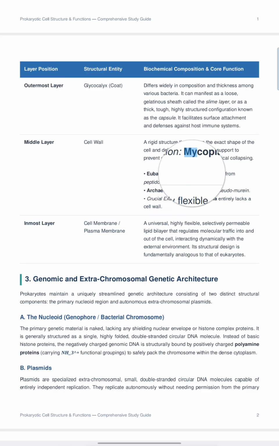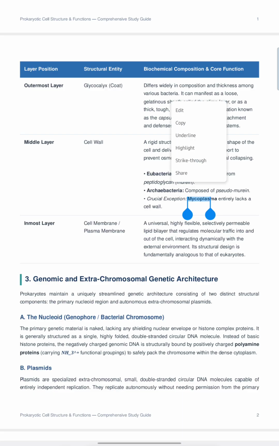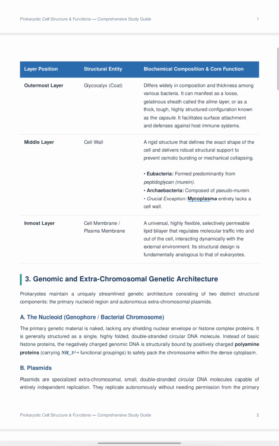The size of this mycoplasma is about 0.3 micrometer in length, and its size is about 0.1 micrometer.